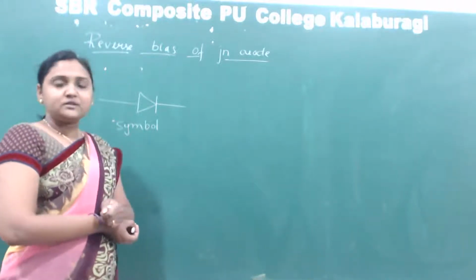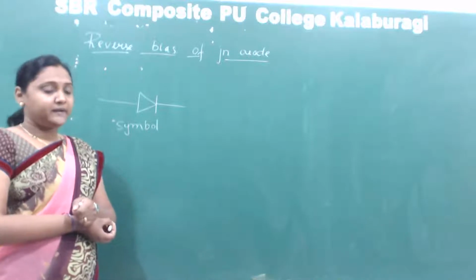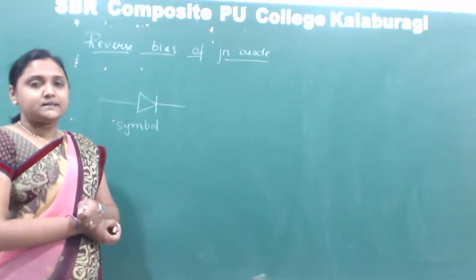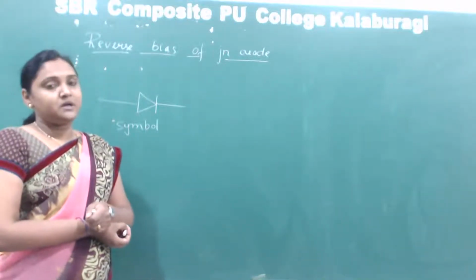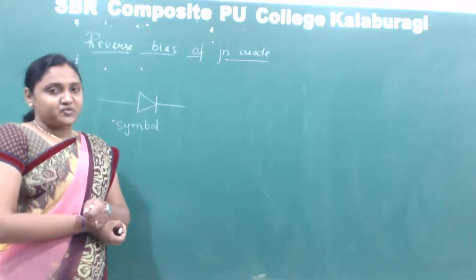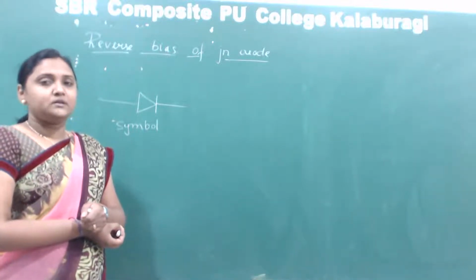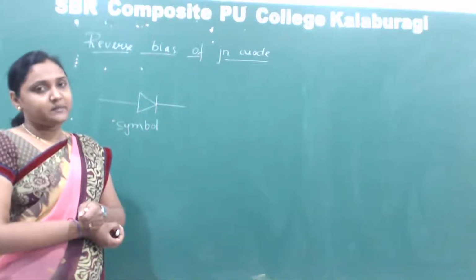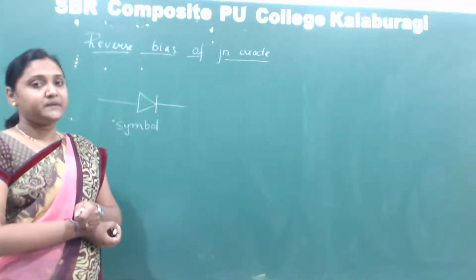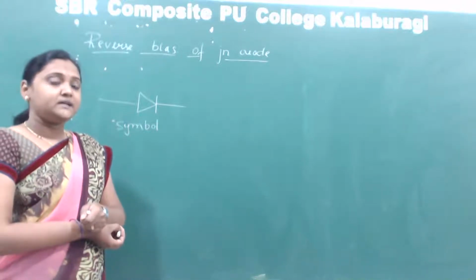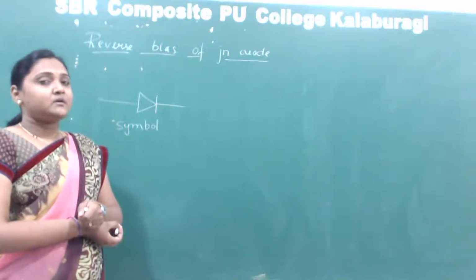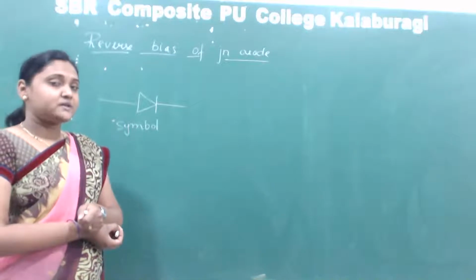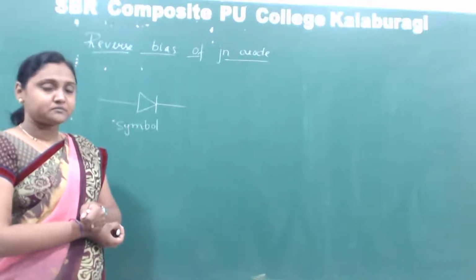It is formed by a single silicon or germanium bar, or substrate, doped with trivalent impurity on one side and pentavalent impurity on the other side, resulting in one P region and one N region. The contact, or the separation of the P and N regions, is called the junction.